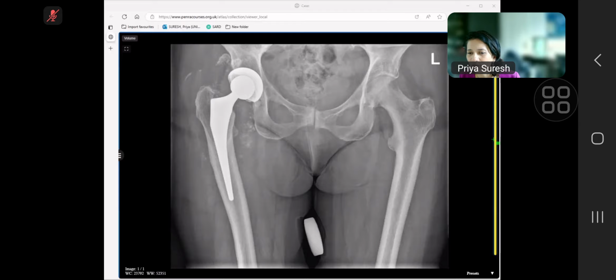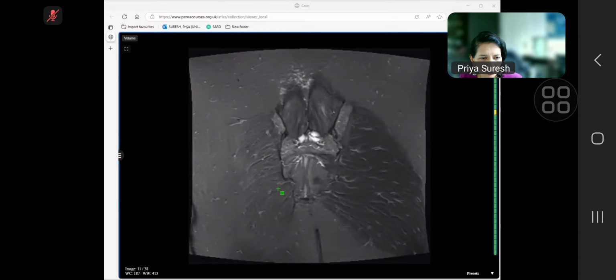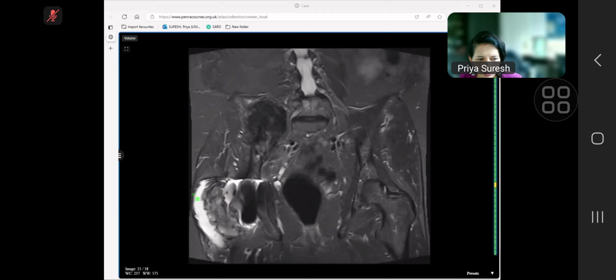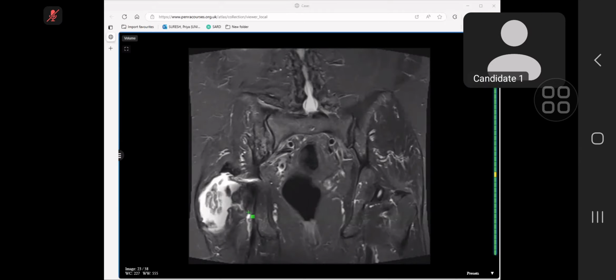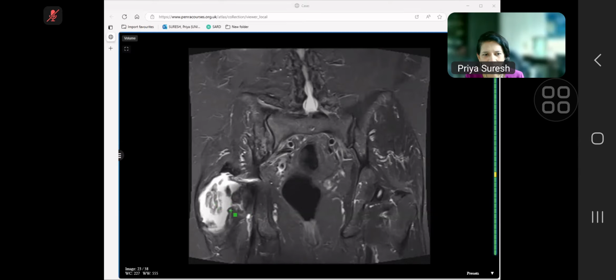On the T1, see, it is continuous with the joint itself. All this calcification here is what you are seeing, and that's a typical pseudotumor appearance.